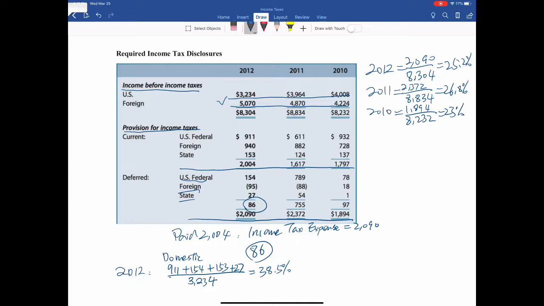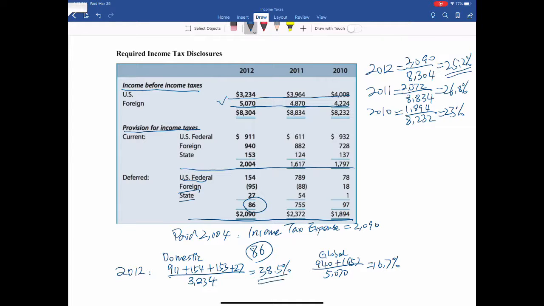International, we use the foreign tax paid plus the deferrals, which is negative 95, divided by income before tax earned in other countries, which is 5,070. It's 16.7%. The overall effective tax rate is 25.2.